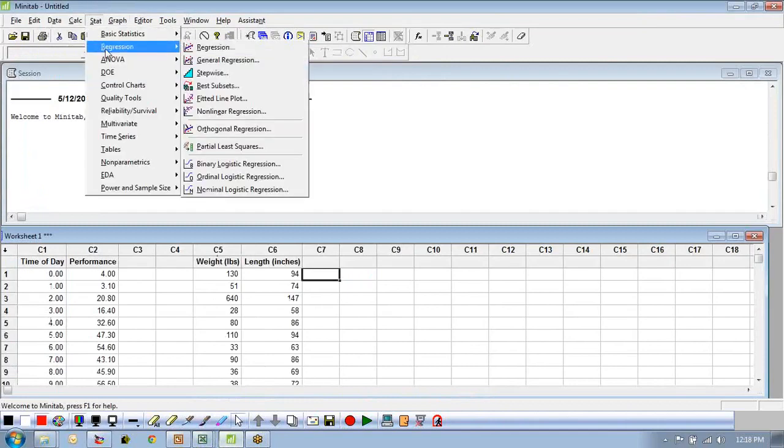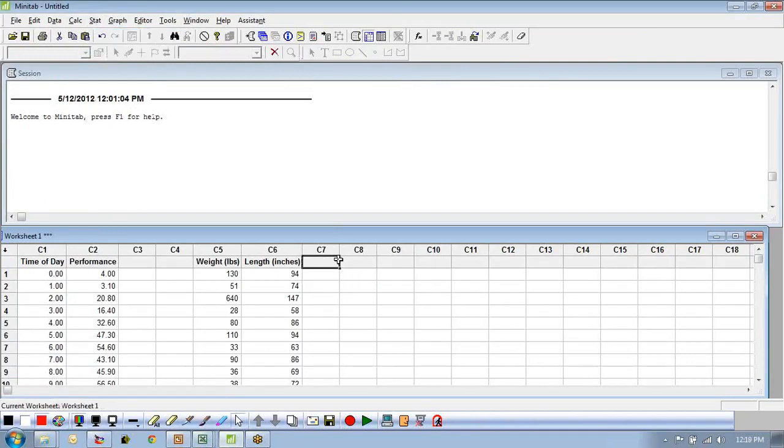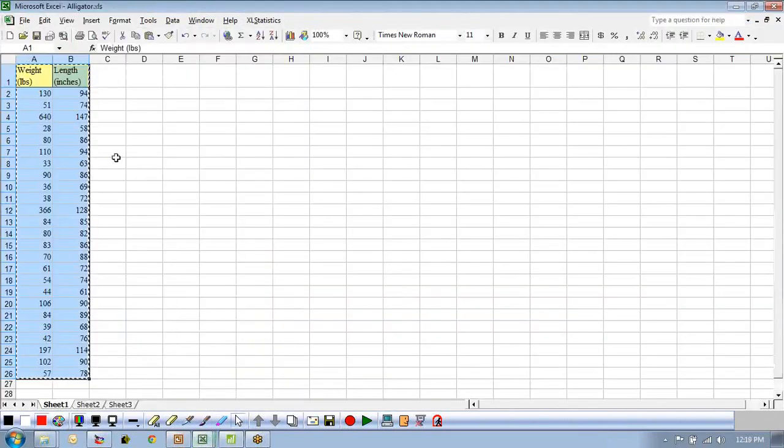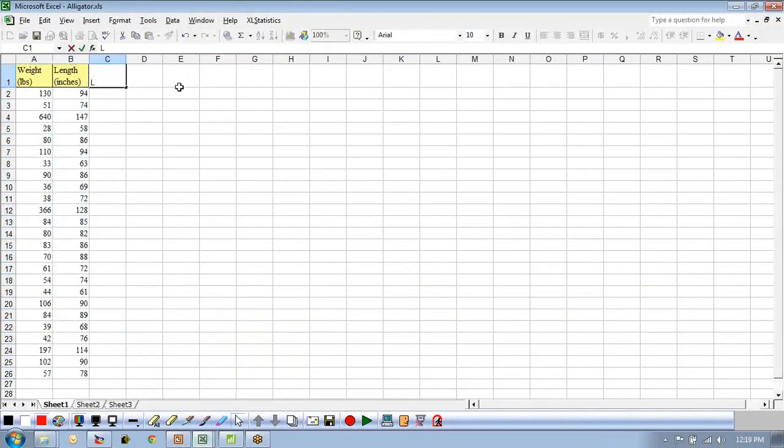And if you go to Stat, we can do it through regression, but it's kind of painful. We actually have to create another column, which is the length squared. I'm actually going to do that in Excel and copy it over. I'll just call it length squared.